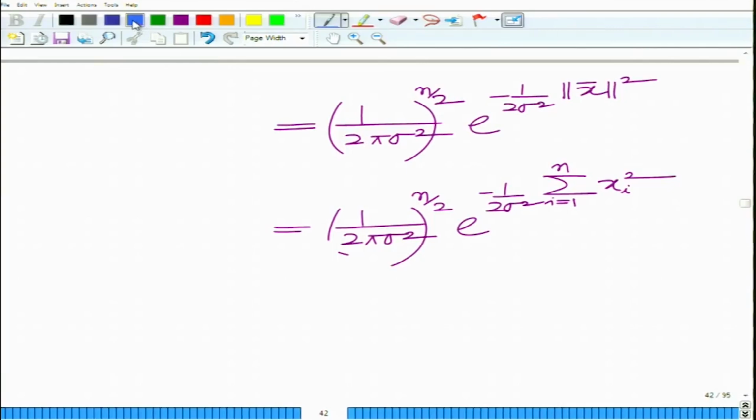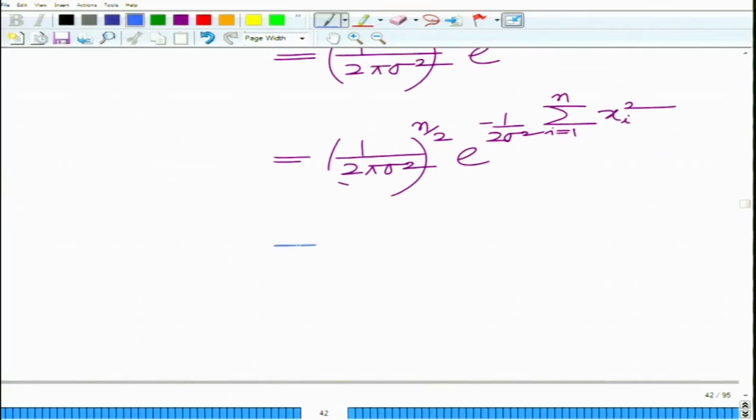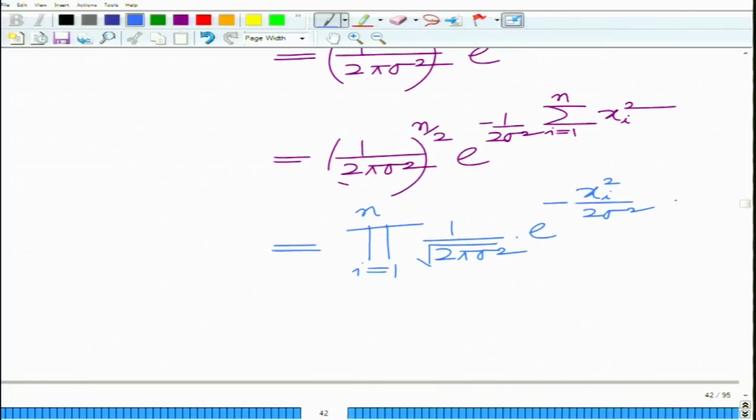And interestingly, now you can also write this as the product, i equal to 1 to n, of 1 over square root of 2 pi sigma square, e raised to minus x i square divided by 2 sigma square.